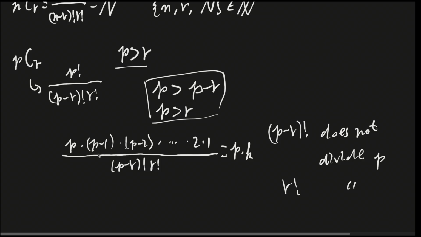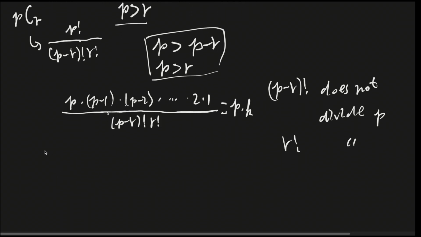But recall this thing is the same as this one. So we just proved that PCR is a multiple of P. That was our lemma.